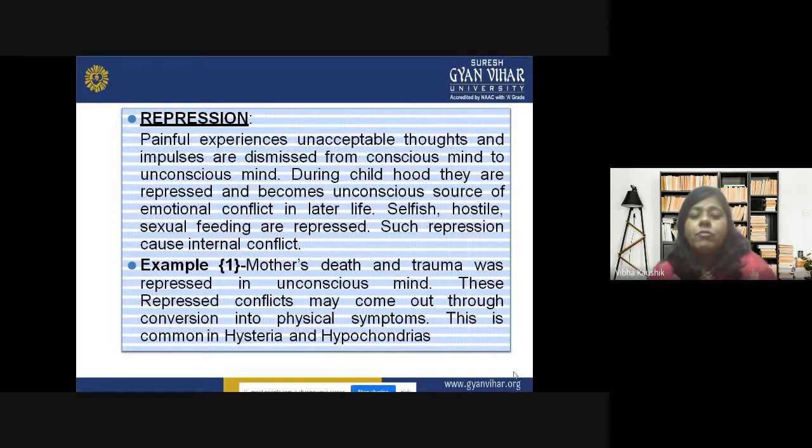These repressed conflicts may come out through conversion into physical symptoms. This is common in hysteria and hypochondriasis.